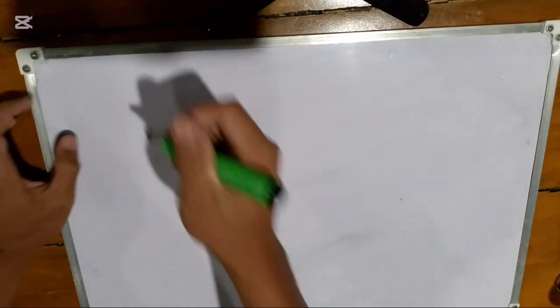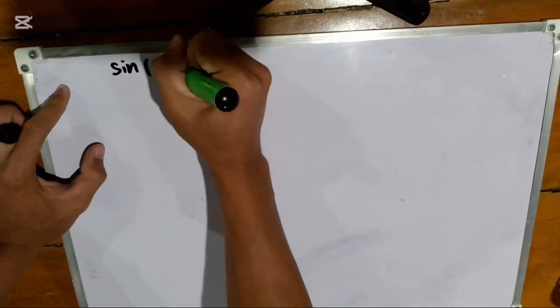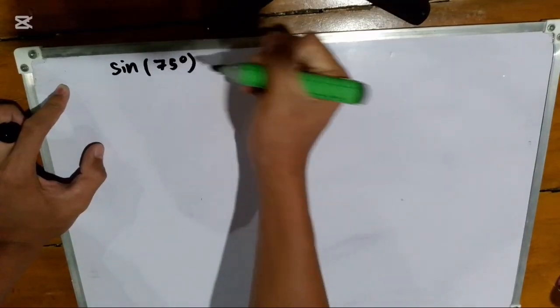Okay, let's start with the first identity, the sum identity using the sine function. And here is the example: sine 75 degrees.